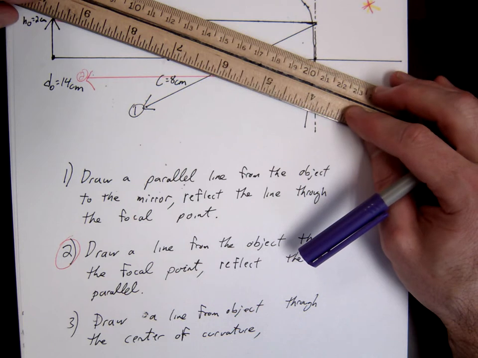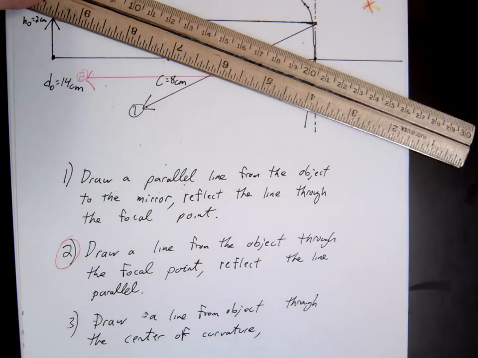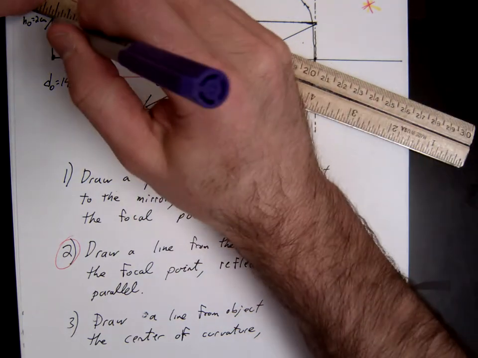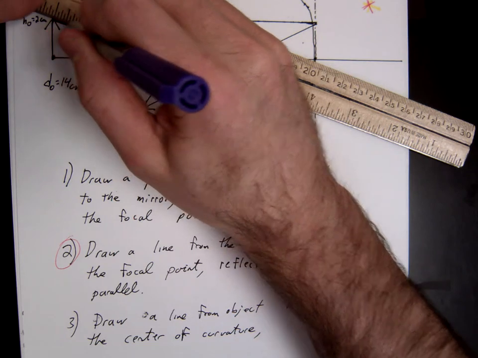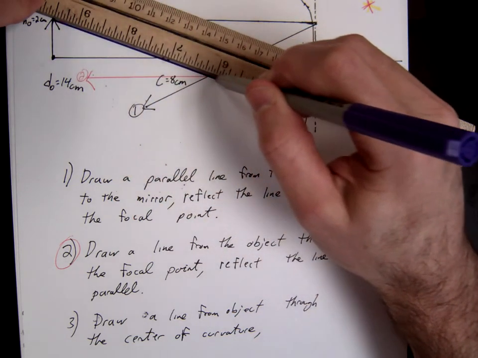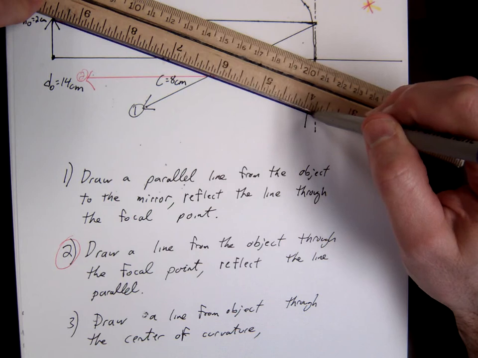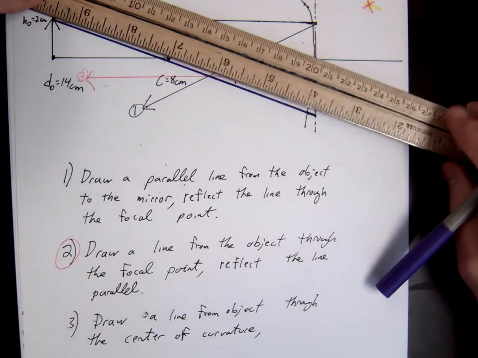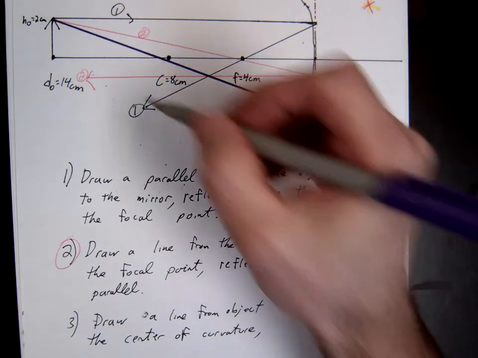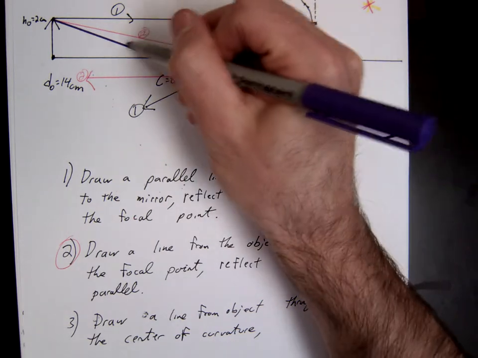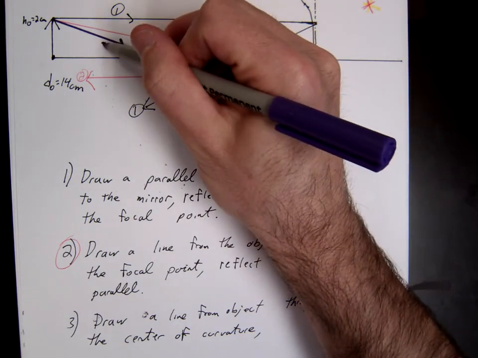So you take your ruler, line it up with the center here, and draw it, like that. So purple is beam 3.